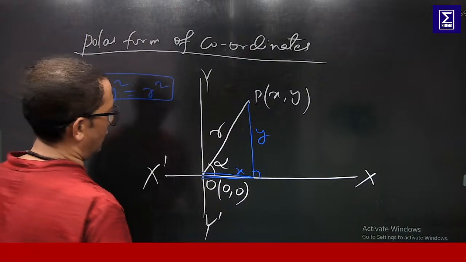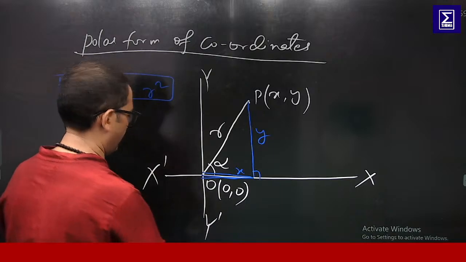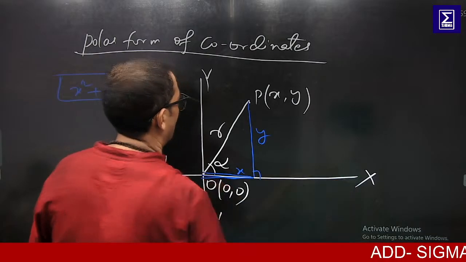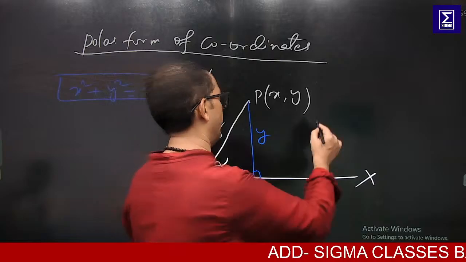Now in this triangle, if we want the coordinates in the form of r and alpha, then what will happen?